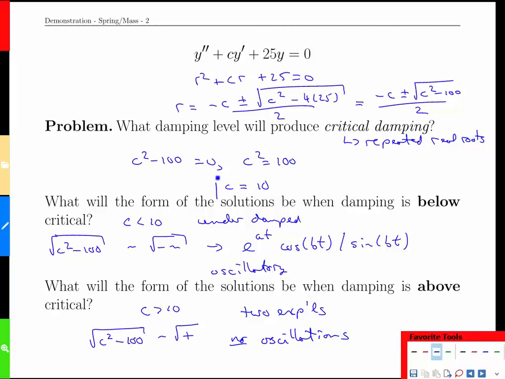So keep this in mind as we go through the demonstration: when c equals 10, that's when we're going to get the repeated real roots, and remember that solution is a combination of exponentials of the same power, one just au naturel and one with a t out front. It's going to be the transition between oscillatory and non-oscillatory solutions.